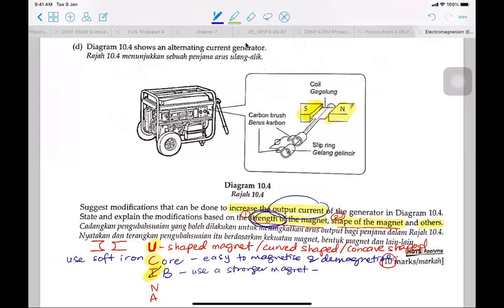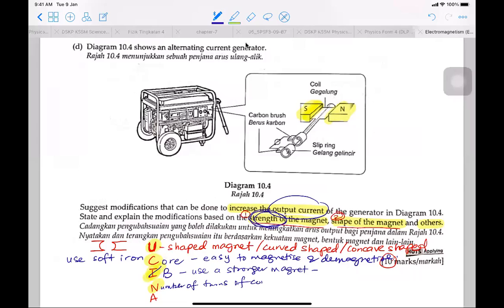Okay, next one. The fourth one, N. N stands for number of turns of coil.